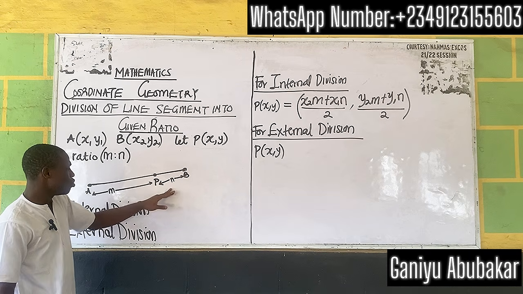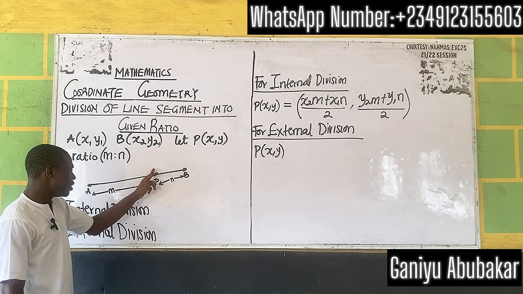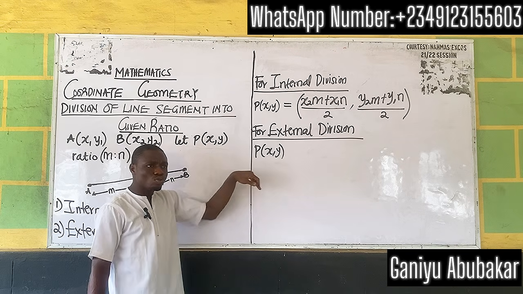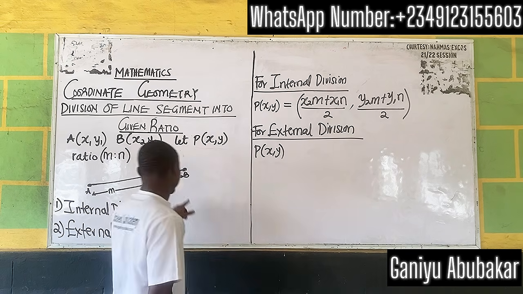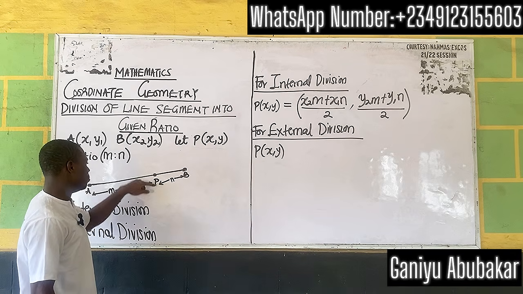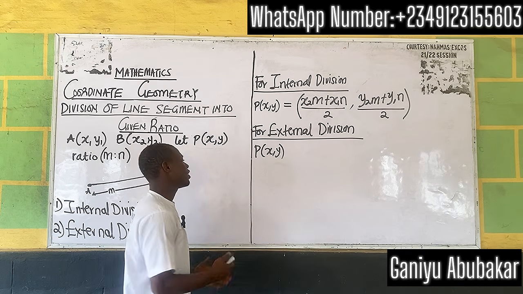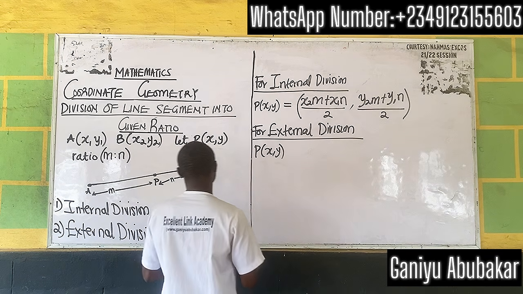After dividing into ratios, there is a point where the two ratios meet. So ratio n and ratio m meet at this point. That's the point P, so it will have a coordinate.